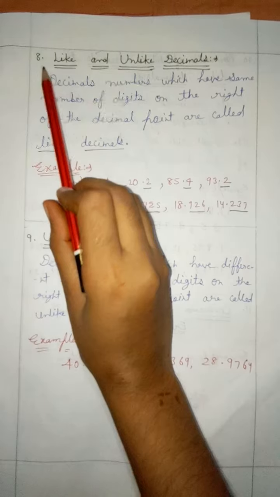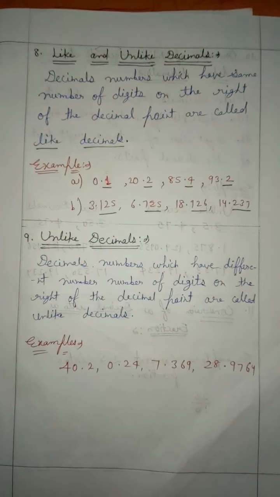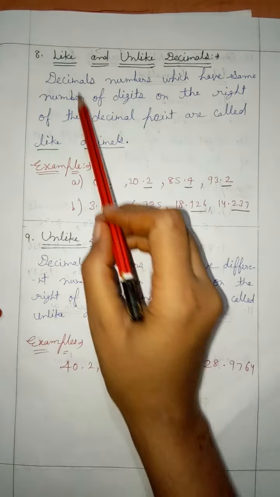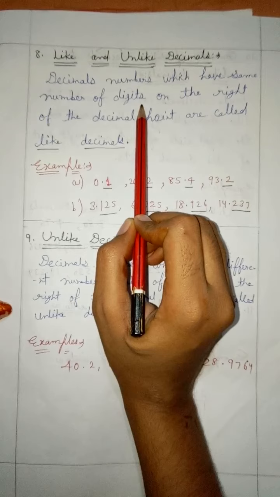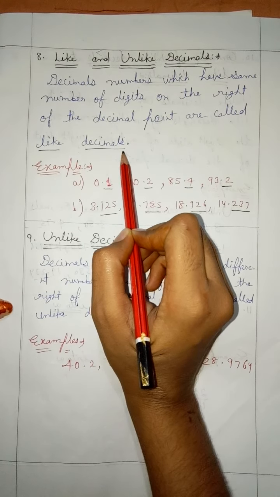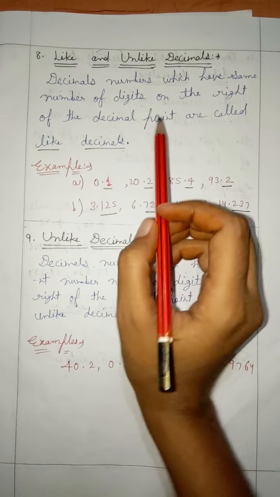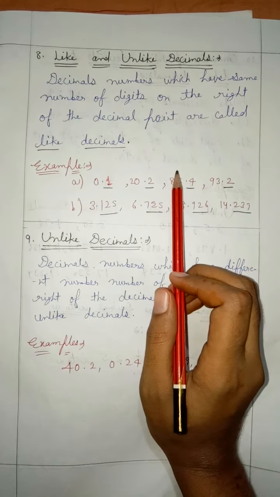Now the topic: like and unlike decimals. What are like and unlike decimals? First one is like decimals. Decimal numbers which have the same number of digits on the right of the decimal point are called like decimals. Decimal fractions having an equal number of decimal places are called like decimal fractions.